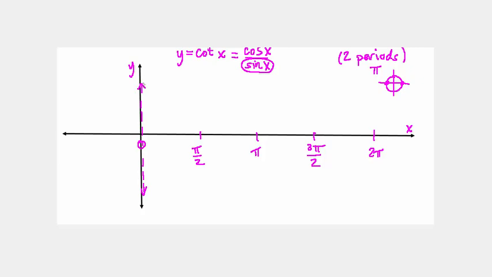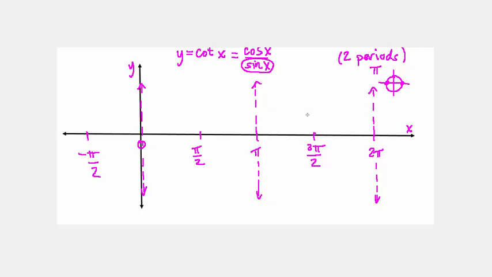It also occurs when x is pi, and it would occur when x is 2 pi. And I'm going to do one marking to the left of the origin also here, like tangent, just to make sure we understand that these graphs do go on forever left and right, but we're only graphing really 2 periods of this. So this should be plenty, and we know those are the vertical asymptotes.